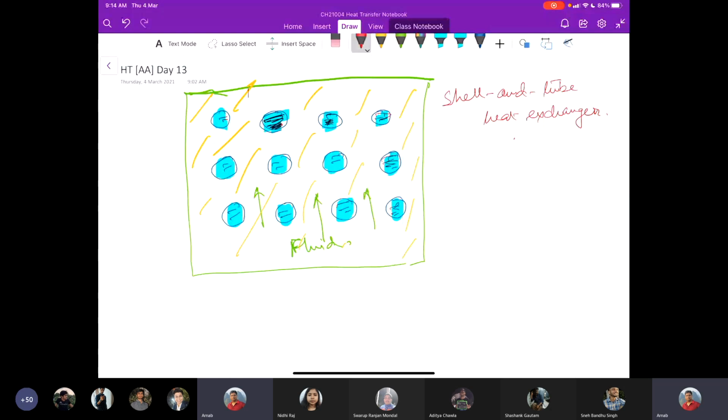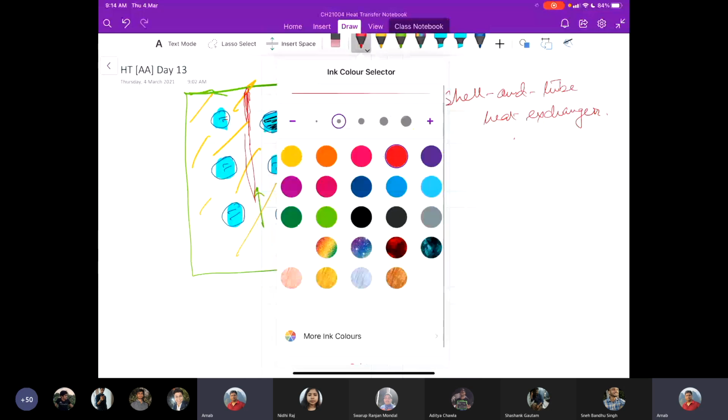Now, in order to hold these pipes, there are several arrangements. In addition to that, there may be this kind of a baffle. We call those the baffles.